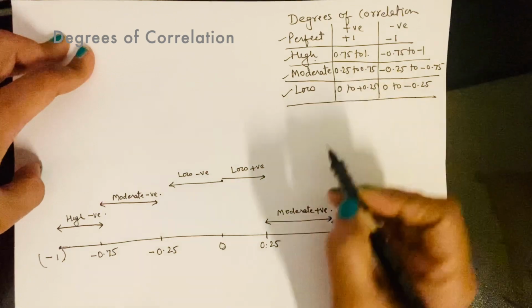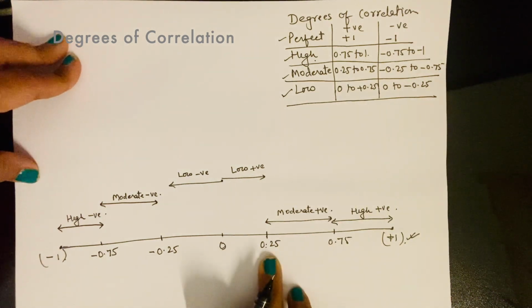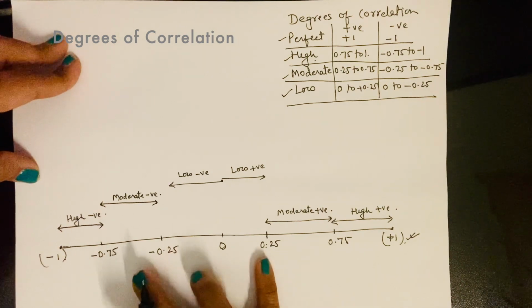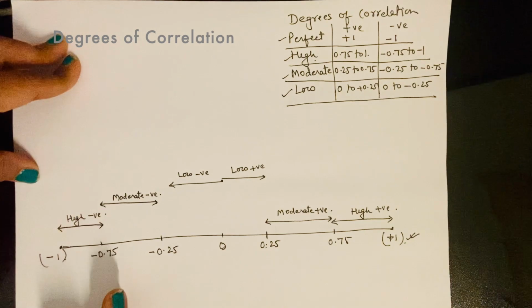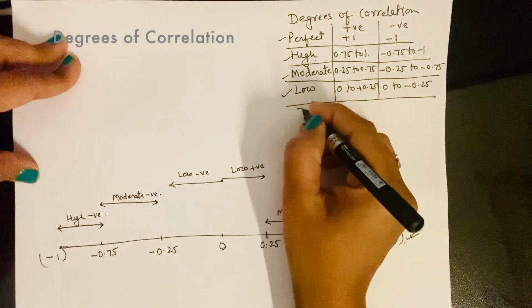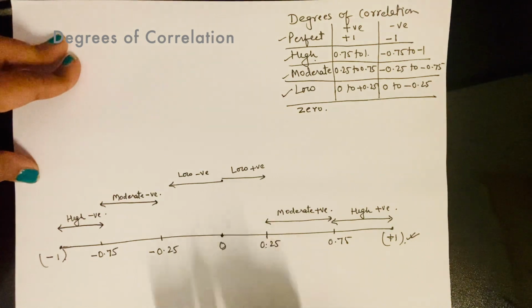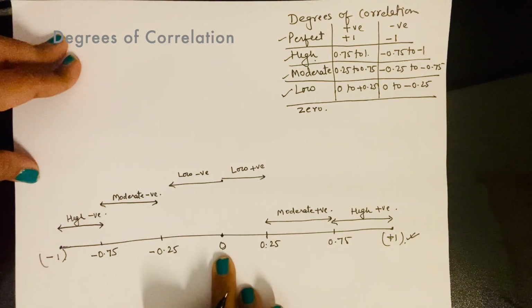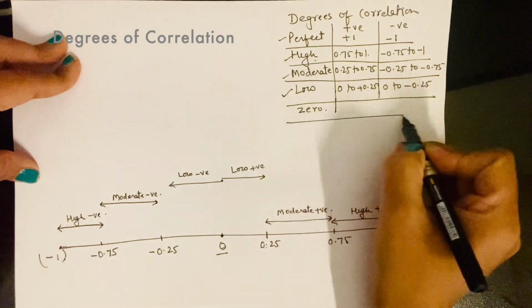And similarly, any value from 0 to 0.25 towards the positive or negative will become the low positive correlation or low negative correlation. There is also a zero correlation, where there is no correlation shown at all, the value becomes 0. So that is the 0 degree of correlation.